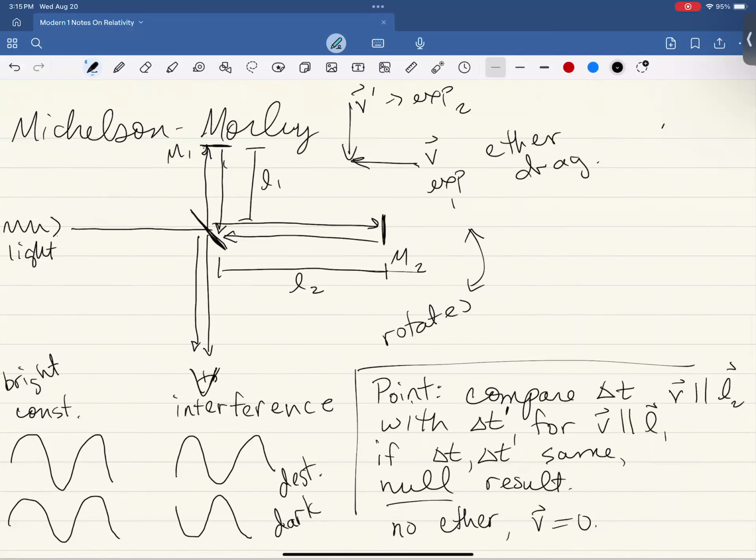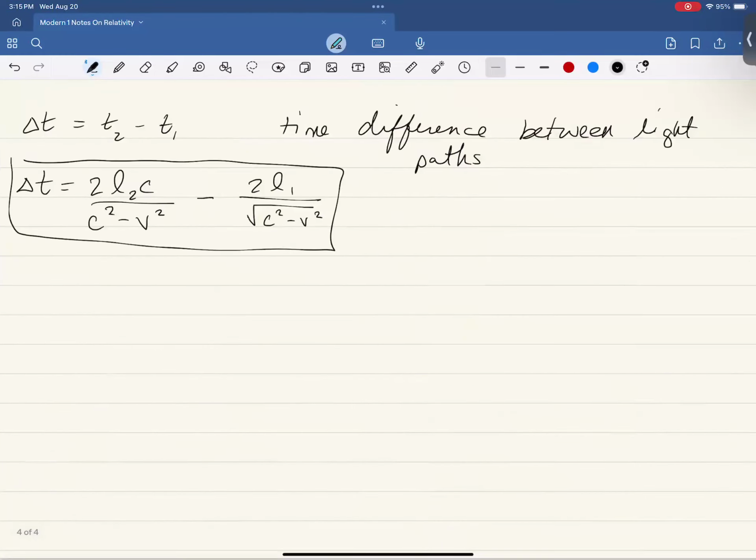Now we're going to do the other case where we have L1 parallel to the ether drag. Of course, this is going to be exactly the same derivation. There's no reason that it would really be any different. So the delta T prime is when the ether drag is oriented this way.